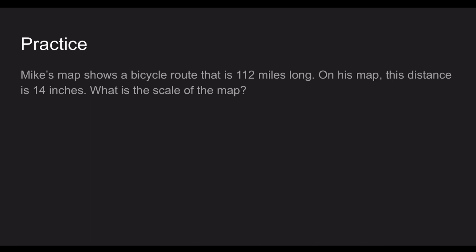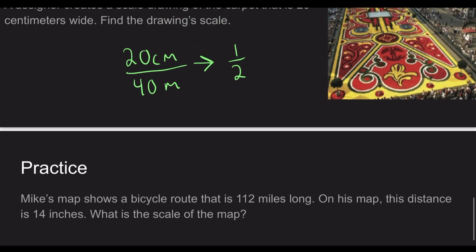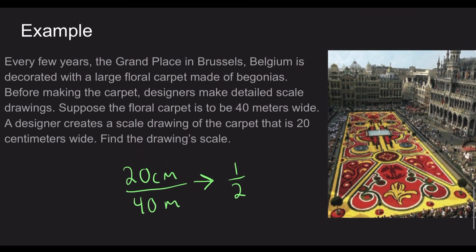Okay, we got our 14 inches. That's what the map would be. 112 miles would be what it is in real life. So if we were to simplify that, we would divide by 14. I should have mentioned this before, that's my fault: we want to make it so that the top number in the scale is a 1.